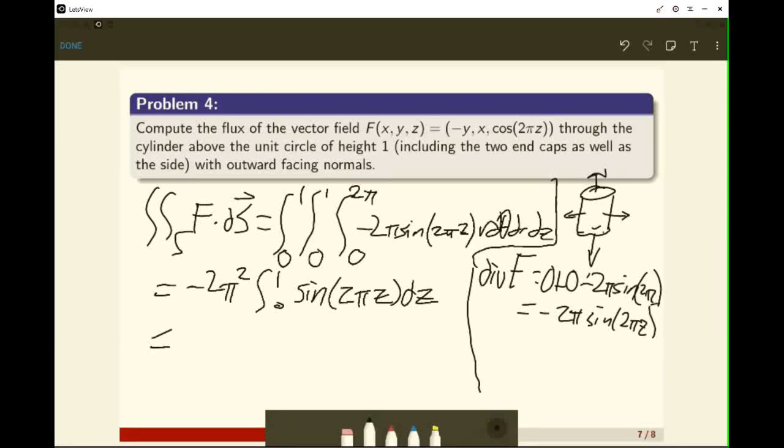And so this will give us just 1 factor of pi, and then looking at cosine of 2 pi z, z ranging from 0 to 1. And again, this results in cosine of 2 pi minus cosine of 0, and so this vanishes as well, as the other thing that we were doing earlier.